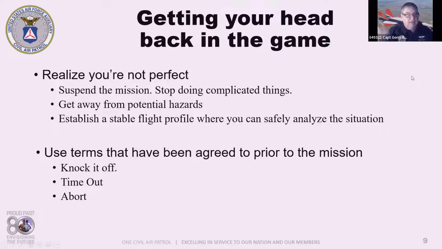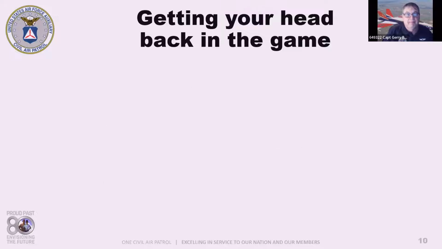So again, use the terms that we're familiar with. I was thinking like, sir, pre-agreed words that's understood, that without thinking, if the word is uttered, that you stop. And that's what the knock it off is in Civil Air Patrol and in the Air Force. That's why we teach it.